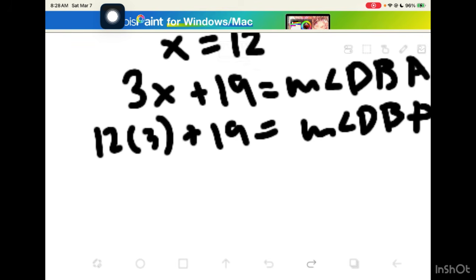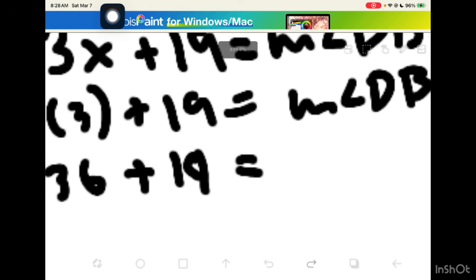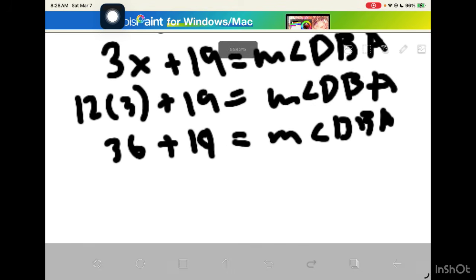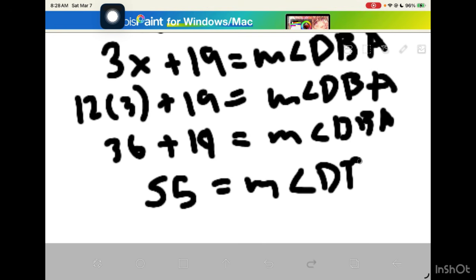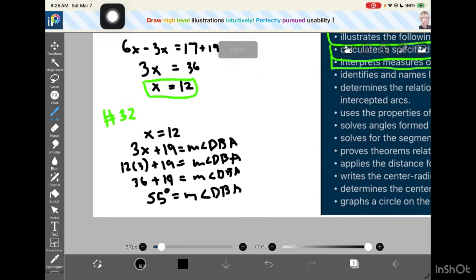So therefore, 36 plus 19 is equal to MDBA. 55 is equal to MDBA. So that's the answer for numbers 31 and 32.